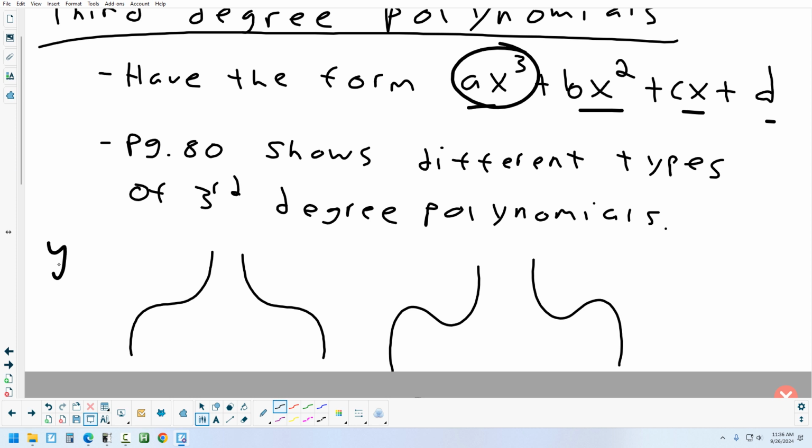This would be the simplest cubic you could have. Y equals x cubed. Doesn't have this, doesn't have that, and it doesn't have that. Those are all zeros. But it's still a cubic.